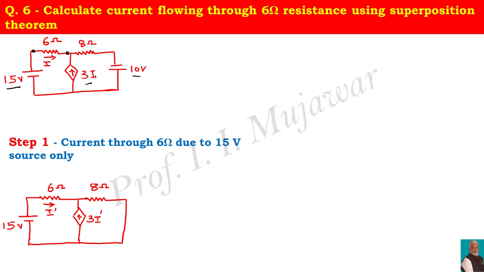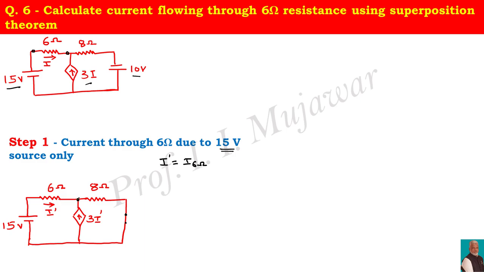In the first step, let us calculate current I dash, which is I 6 ohm when only one source, the 15 volt, is active. Here we will use the node analysis method.